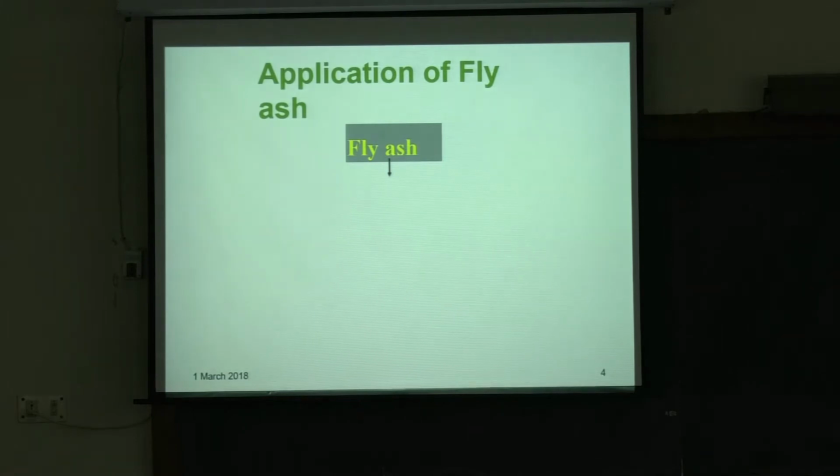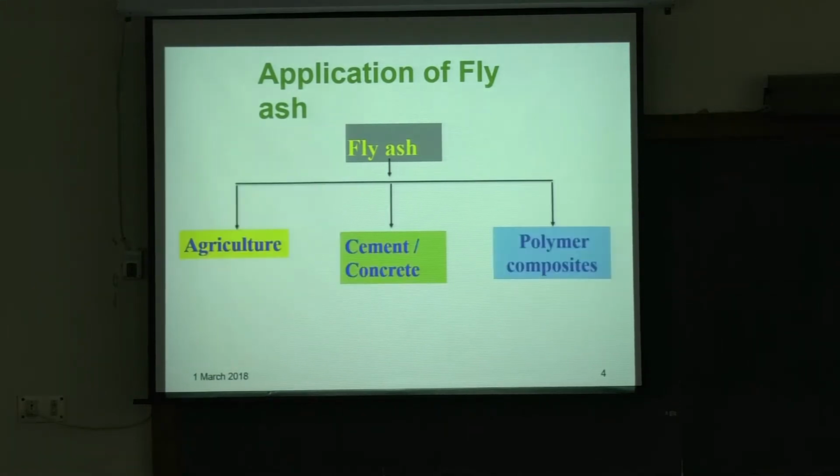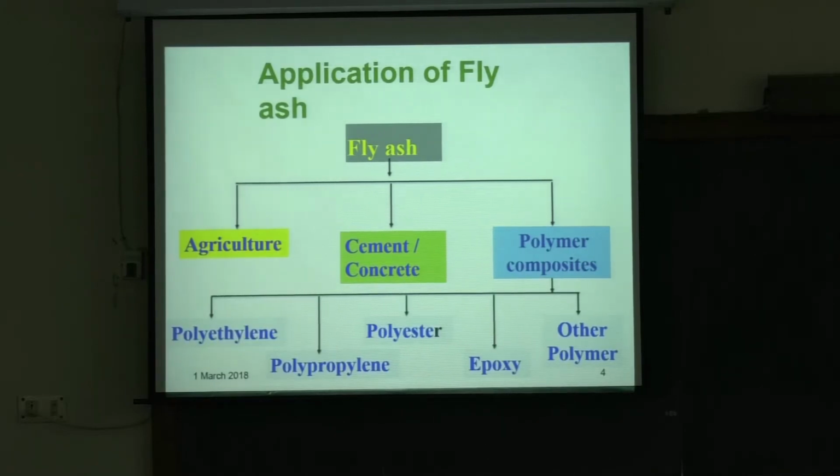And we have seen a similar slide: agriculture, cement, concrete, polymer composites. Then the polymers come again: polyethylene, polypropylene, polyester, epoxy, and other polymers. Polypropylene, not many people have used, but we have.